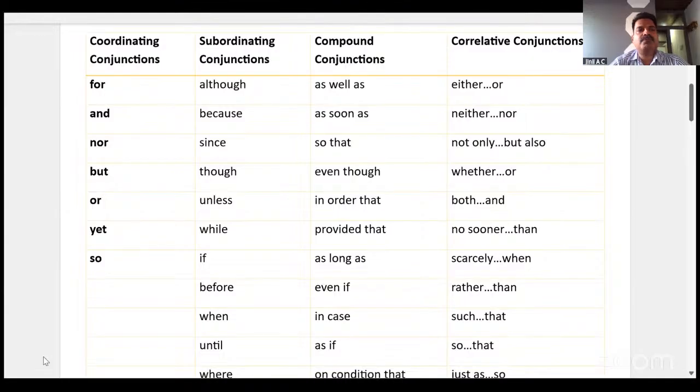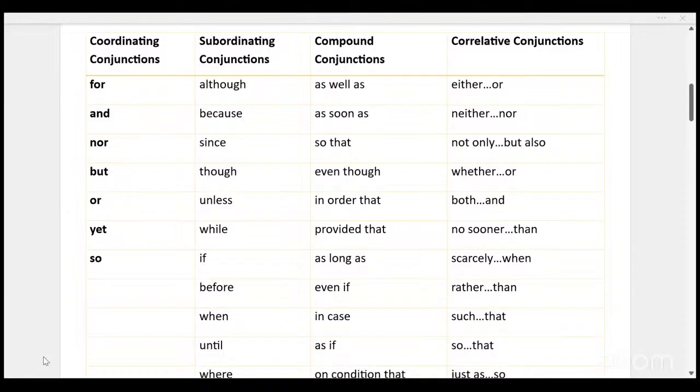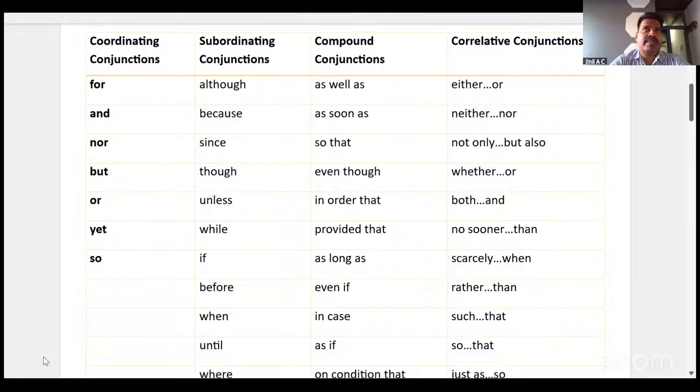Yet and for. For doesn't mean the usual for. We use that for in sentences as a preposition, but that's a different word. So, for example, if I say, I live for you, that for is different. That for means kosam in Telugu, ni kosam, something like that we say. That for is not a conjunction.